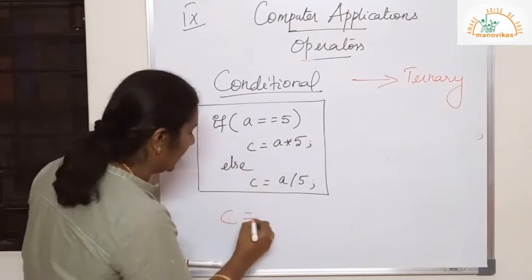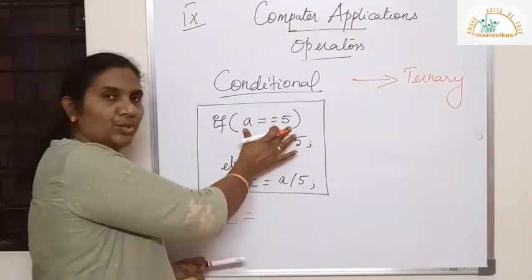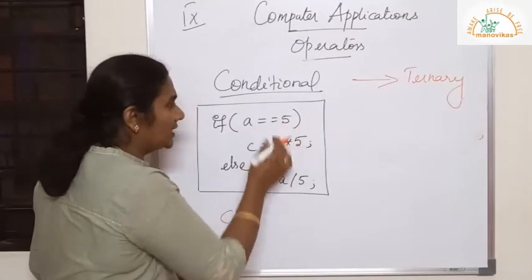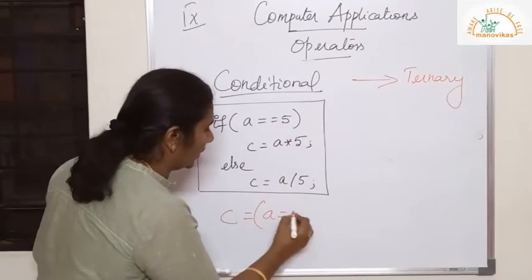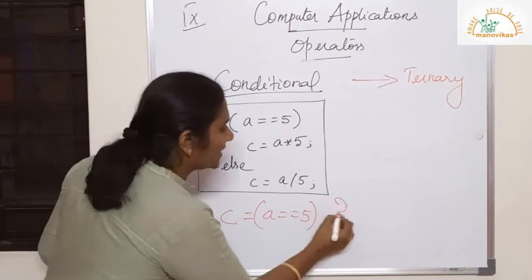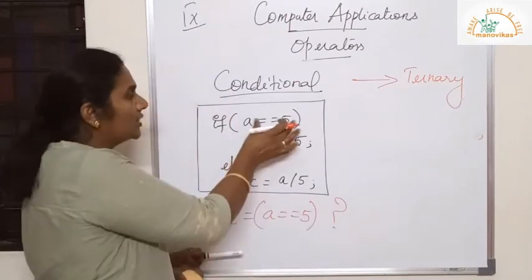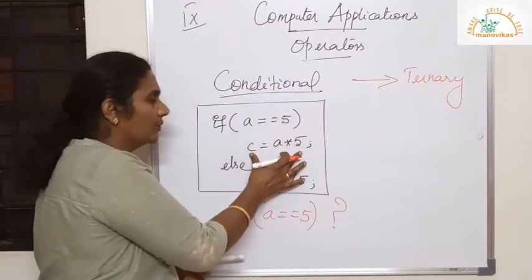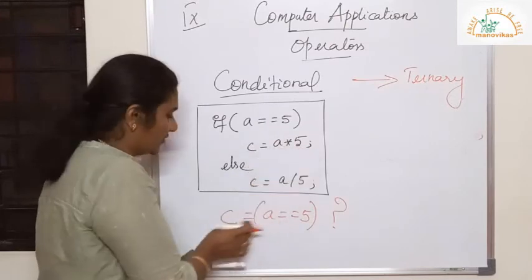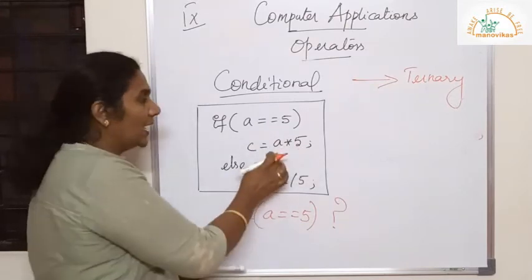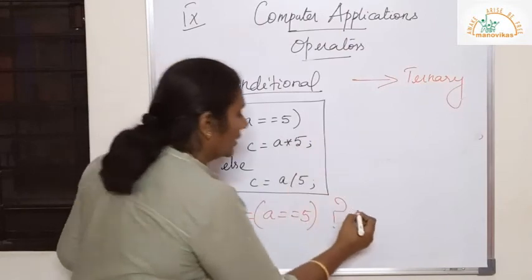So C is equal to, what is the condition you are using here? That is A is equal to 5. So A equal to 5, question mark. What is to be done when this condition is true? That is C is equal to A plus 5. So C is the final result, and A star 5.